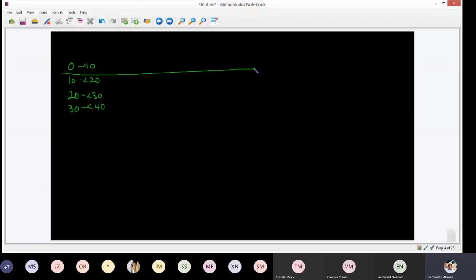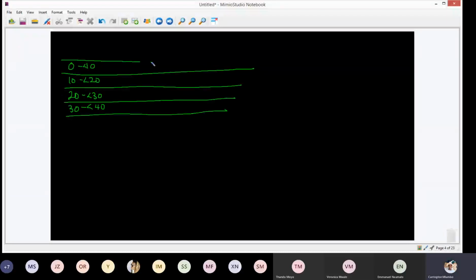Let's say we have these intervals 0 to 10, then 10 to 20, then 20 to 30, 30 to 40. I'm making it small so that it will be easy to understand. You are going to have something like this. This is grouped data.